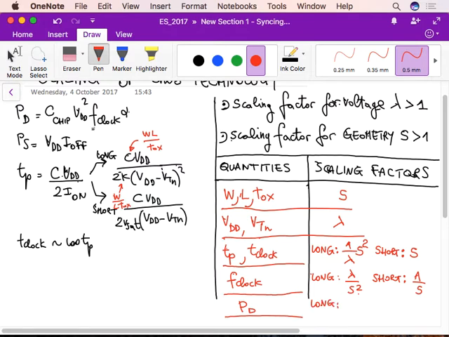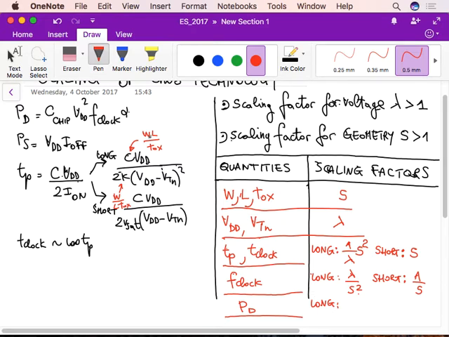In the case of long, what we have is the following thing. Let's consider one logic gate. So for one logic gate we have this expression. So the C part goes like S. VDD goes like lambda squared.